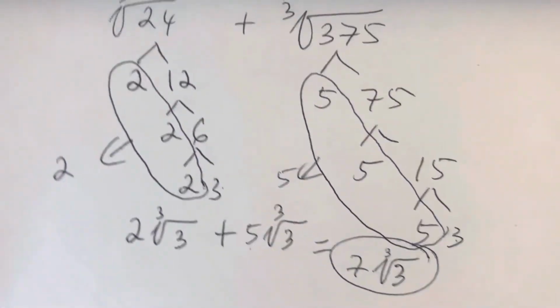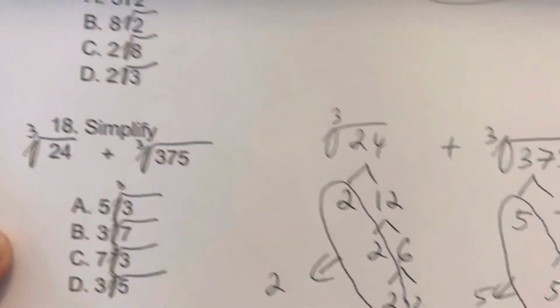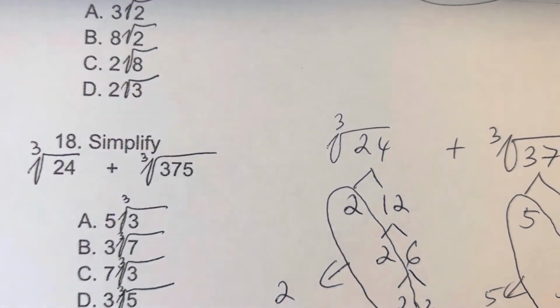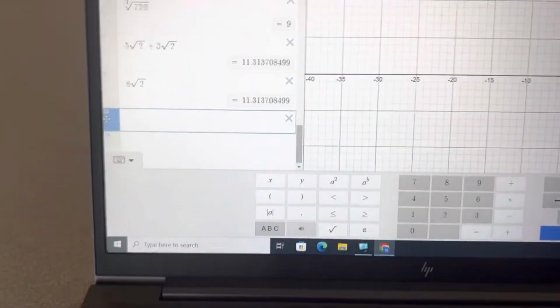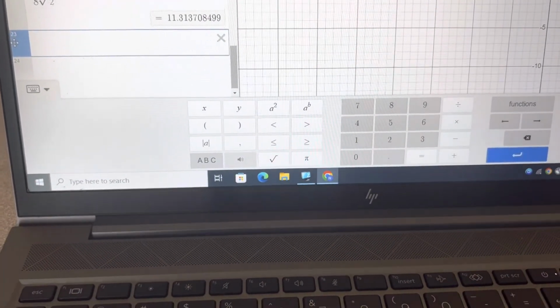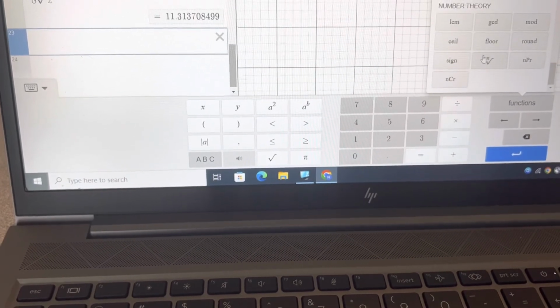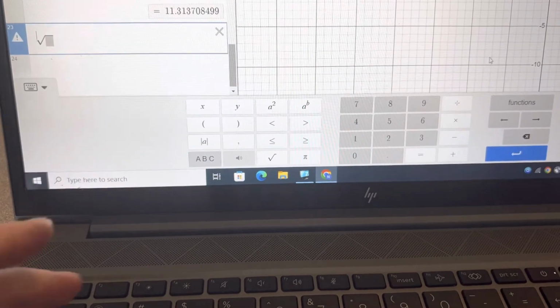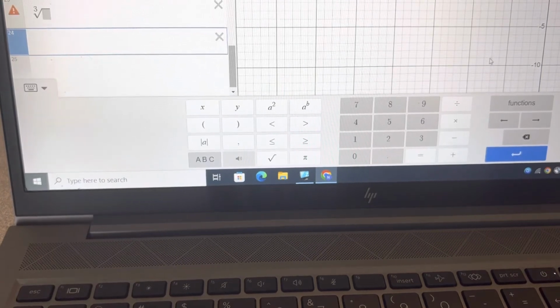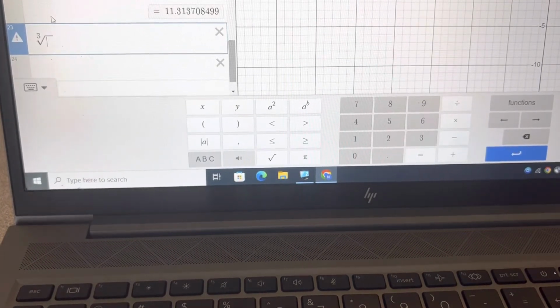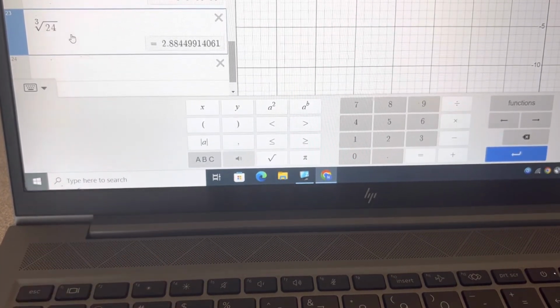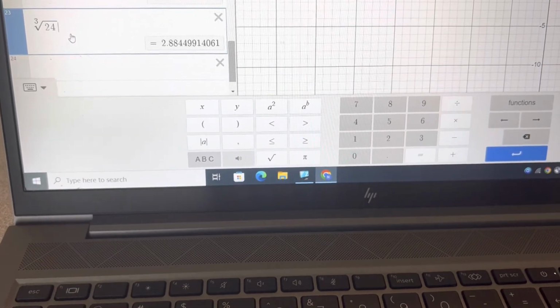All right, so we could put this in decimals to check ourselves. So we got 3 there. Keep on doing that. 24, arrow out, make sure arrowing out.